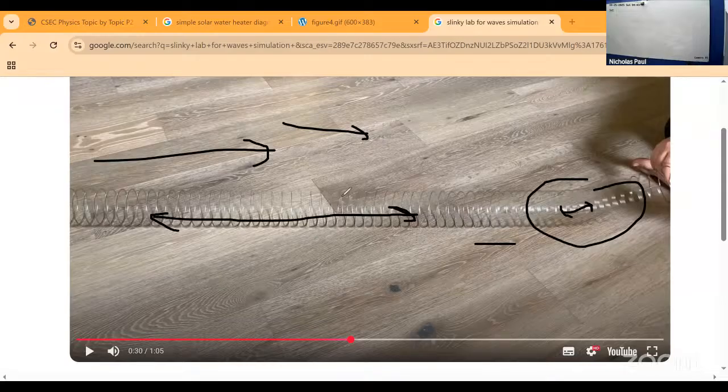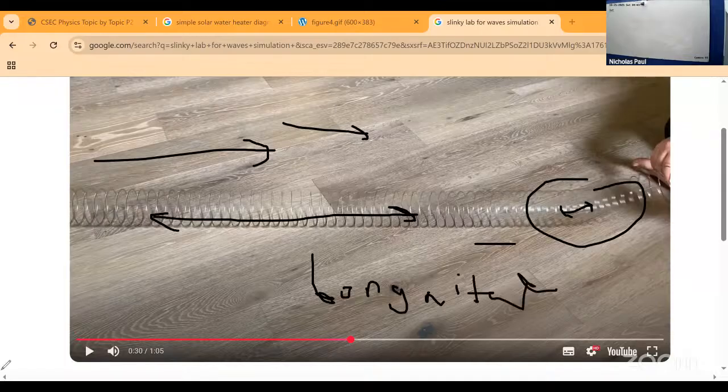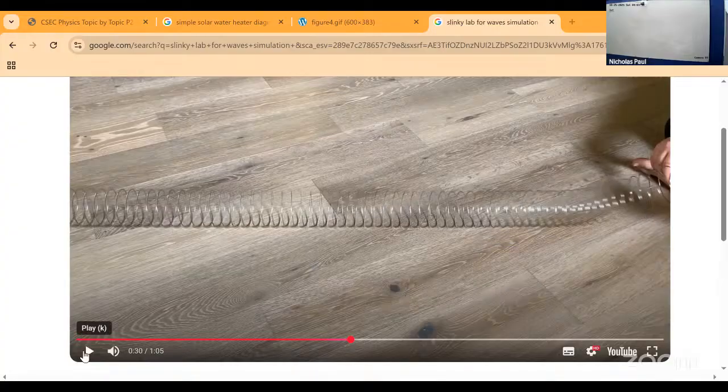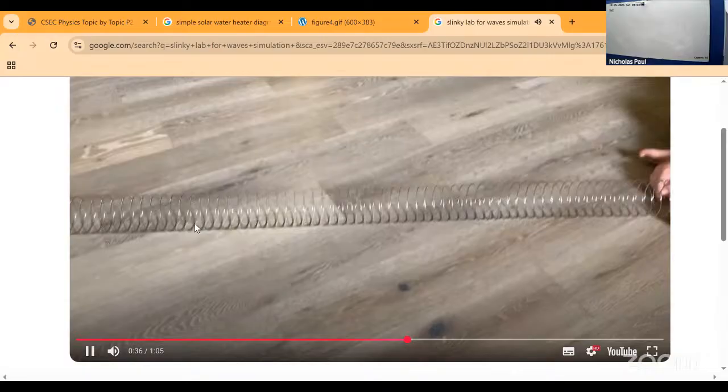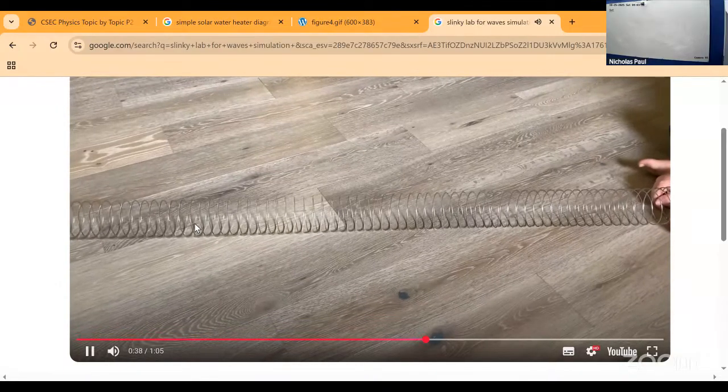Whenever that happens, that type of wave is what we call a longitudinal wave. Whenever the particles vibrate in the same direction the wave moves, it's a longitudinal wave.